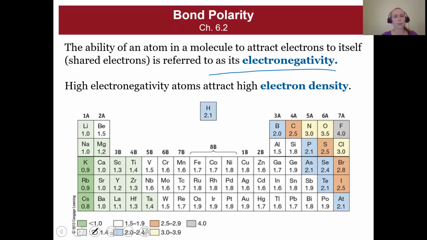So atoms with a high electronegativity attract a high electron density.